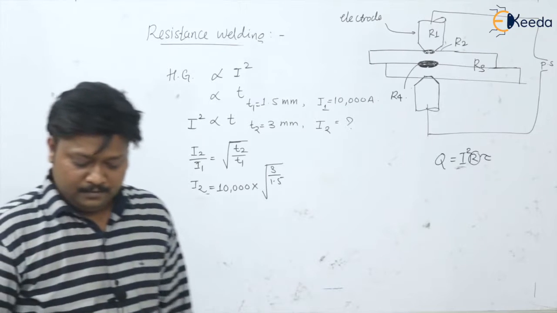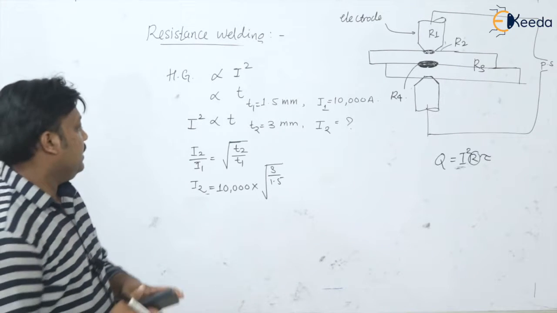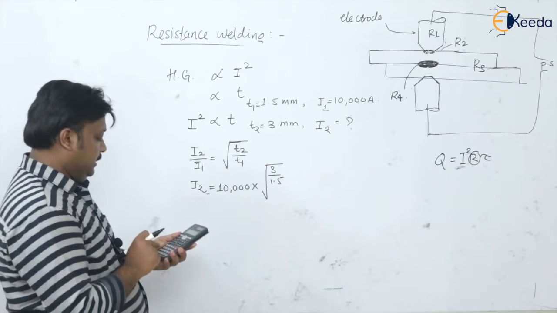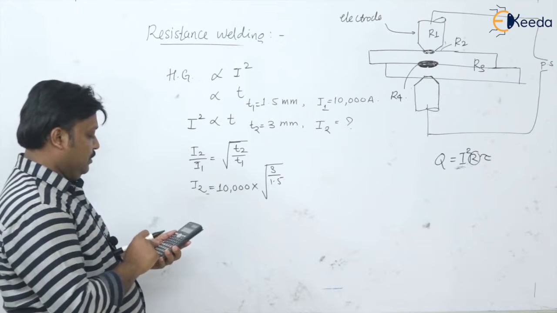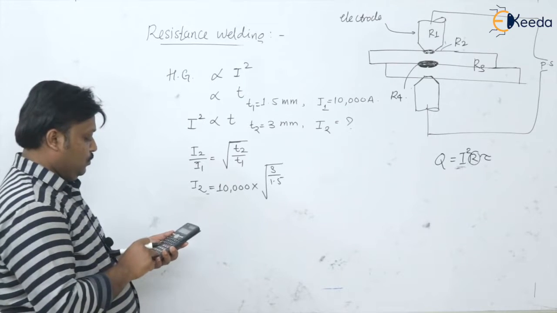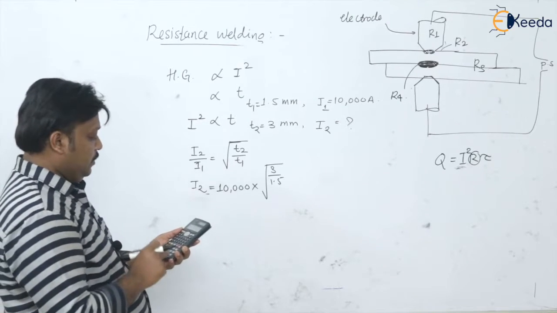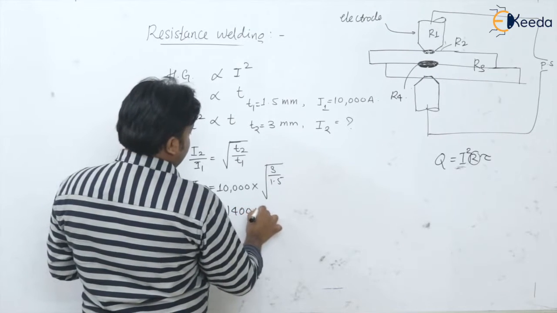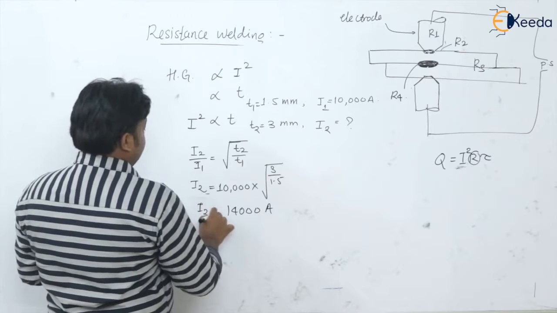If we calculate, we will get the current for this thickness. So how much is it? Root of 3 divided by 1.5, into 10,000. So we will require about 14,000 amperage for this process.